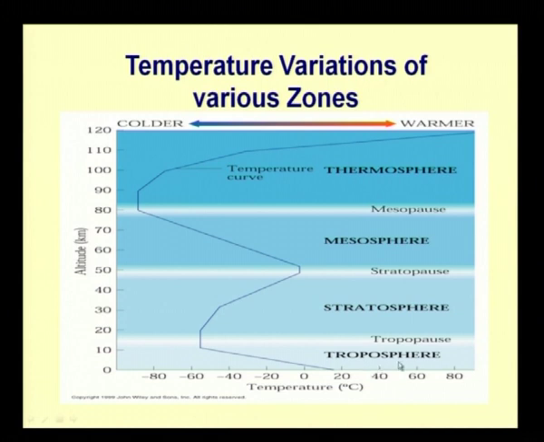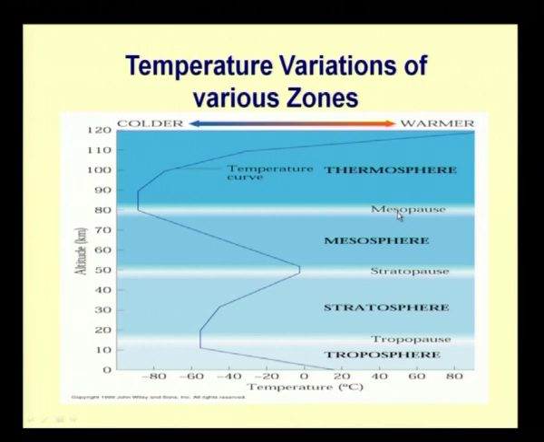Here, on the x-axis we take the temperature and on the y-axis the altitude. As we move within the troposphere, the temperature goes on decreasing. The intervening spaces between the layers are the tropopause, stratopause and mesopause.